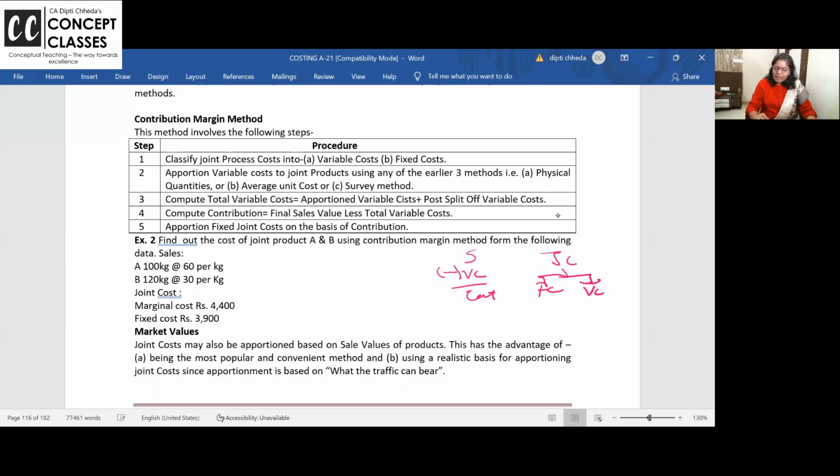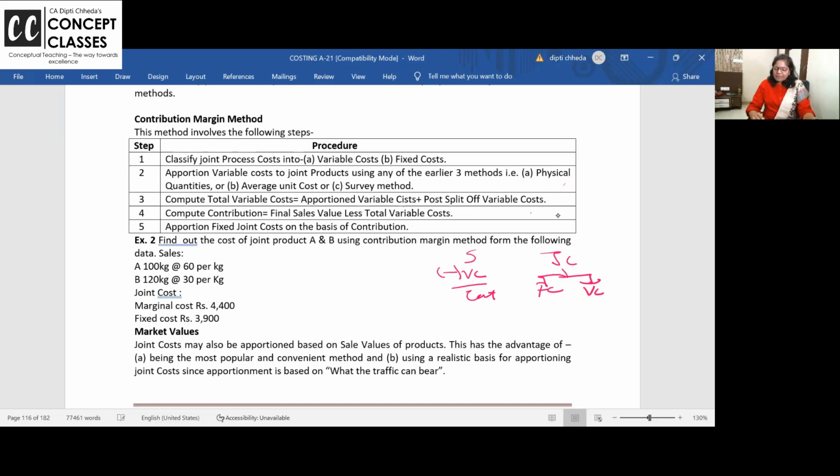Now, the variable cost of joint product, you apportion by other methods: physical quantity or average number of units, total cost divided by number of units, or survey method. In survey method, you give points. According to the survey, A product will get 8 points, B will get 2 points, C will get 1 point. So 8:2:1, like that. Now, compute the total variable cost, apportioned variable cost, and post split-off variable cost.